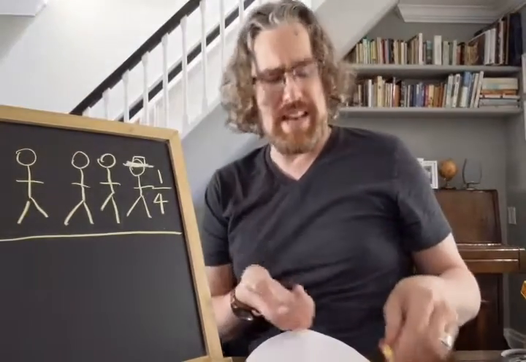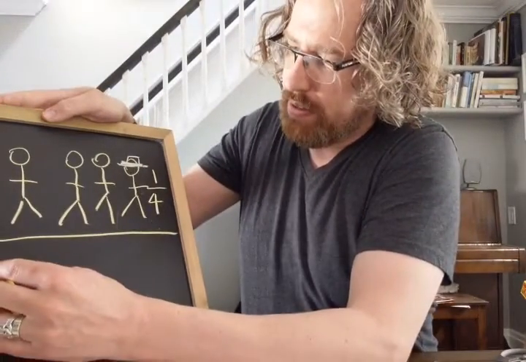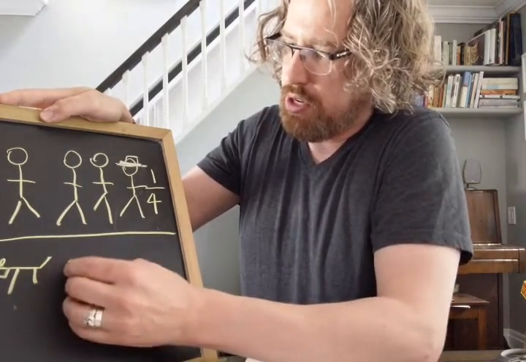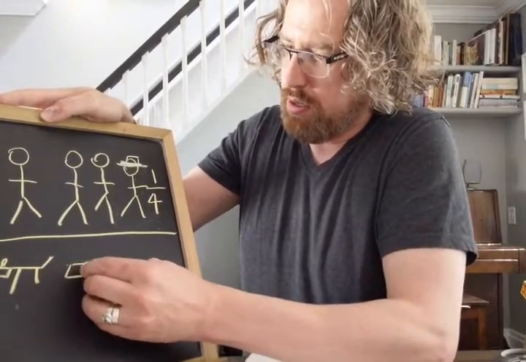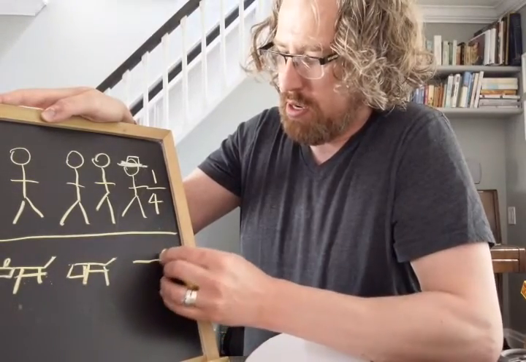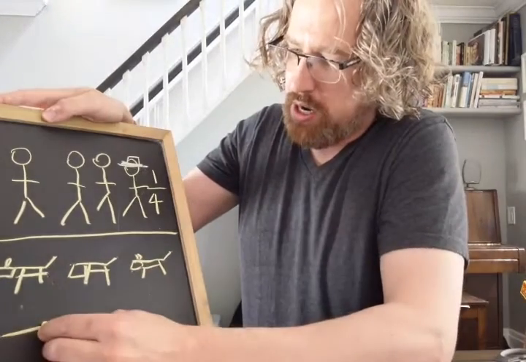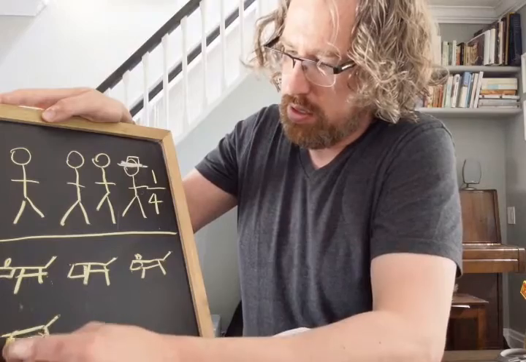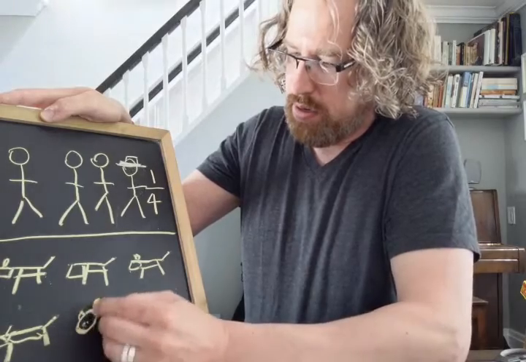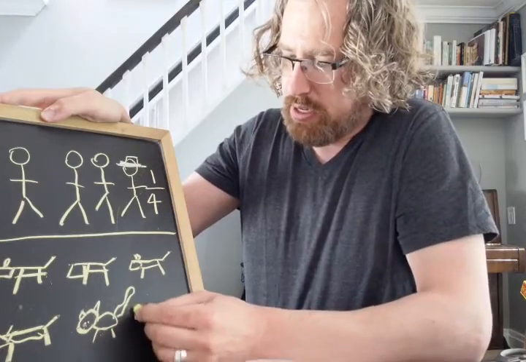Let's try another one. Let's say we're at a dog park and there are 6 pets. 1, 2. I know my dogs need a little work here. 3, 4, 5, 6.